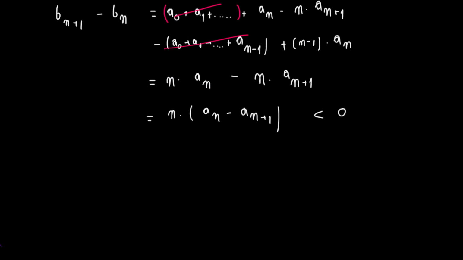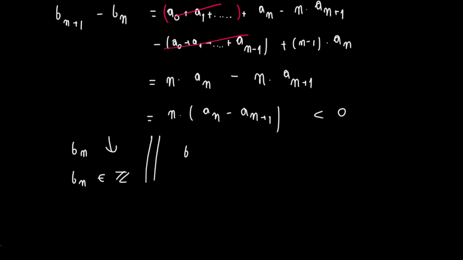So right now what I showed is that B_n is decreasing, and it is a decreasing sequence of integers.